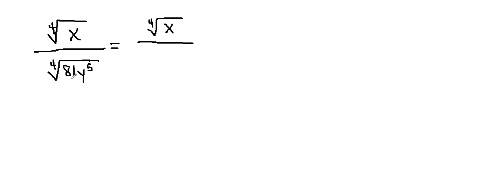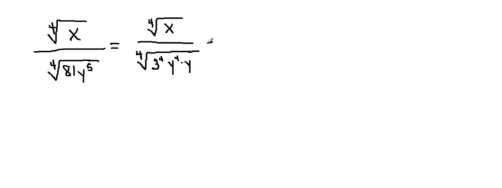In the denominator, I could have the fourth root of 81, which is the fourth root of 3 to the fourth power, and then this is y to the fifth power. So I could write this as y to the fourth times y. Could look at it this way.